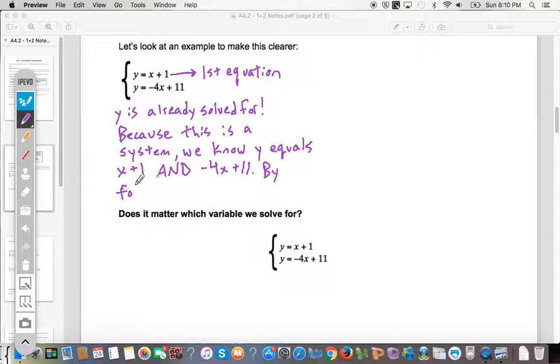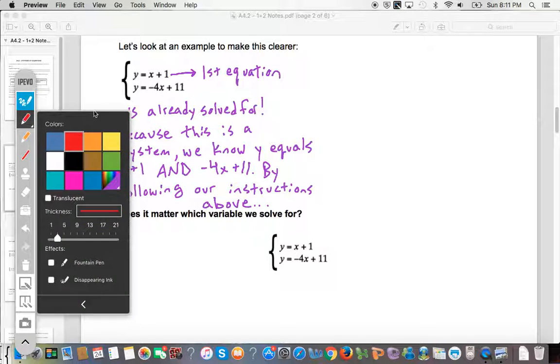By following our instructions above, that must mean that x plus 1 equals negative 4x plus 11.